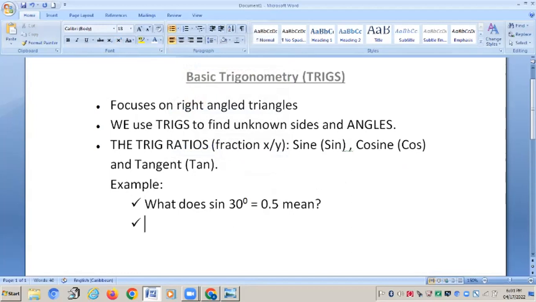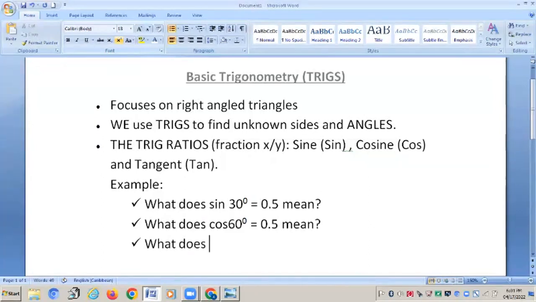What does cos 60 degrees equal 0.5 mean? What does tan 45 degrees equal 1 mean?